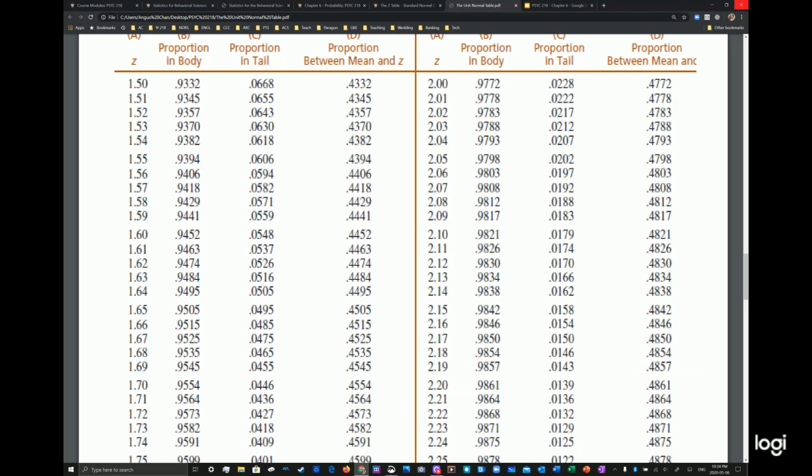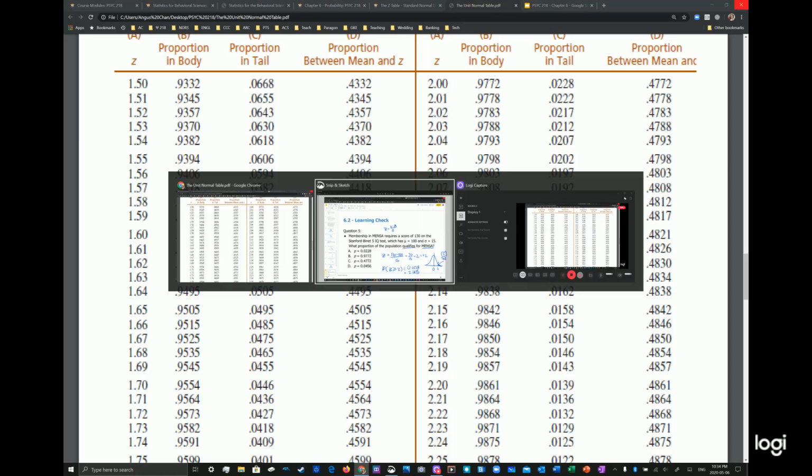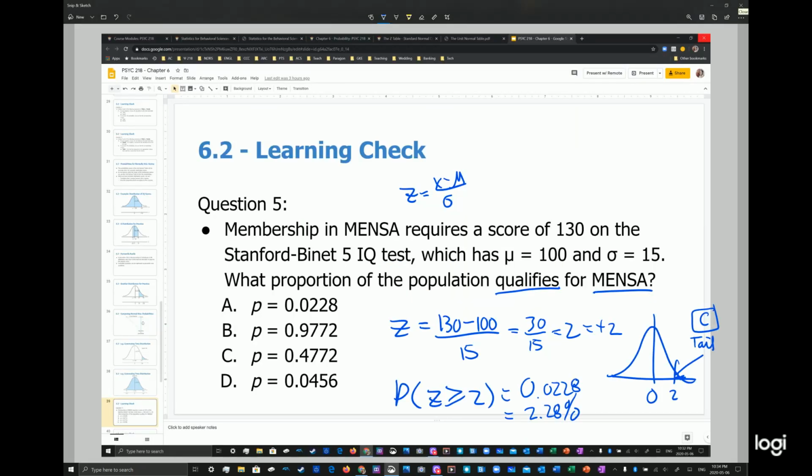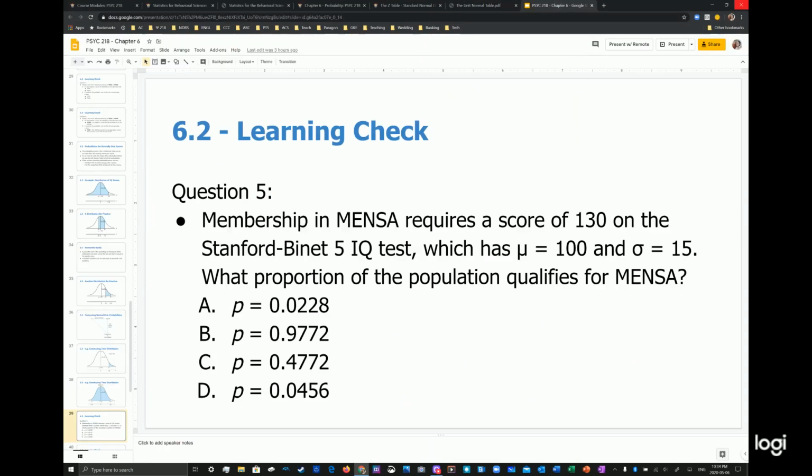You can look at column B in the body, which tells us that 97.72% of the population is equal to or below that score, so that would be close to the 98th percentile. So if you answered 0.0228, you're right.